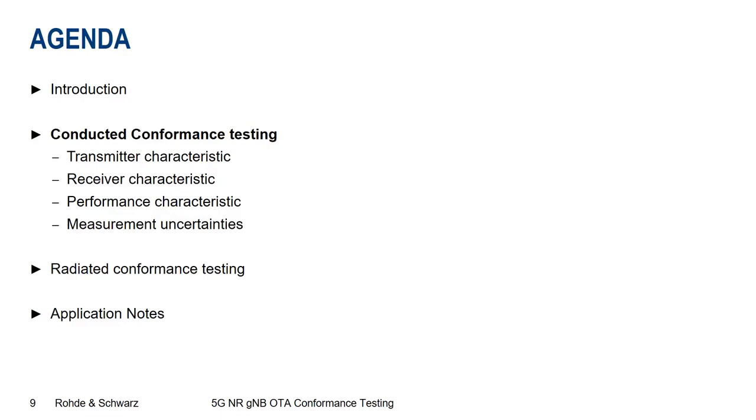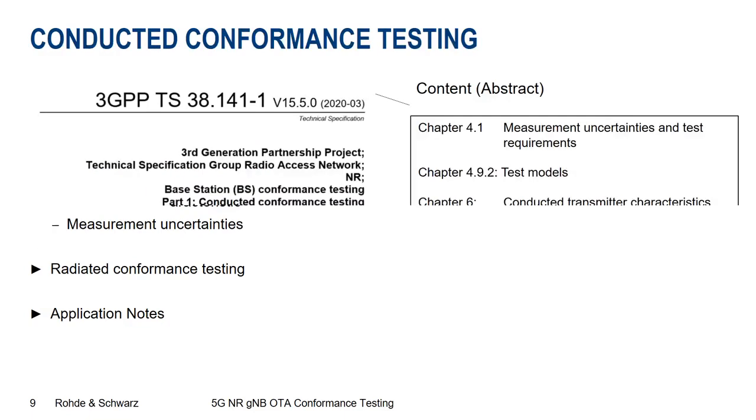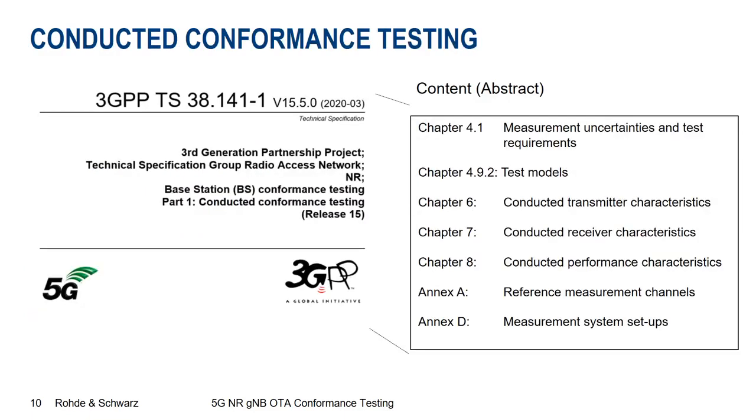Okay, now let's come to the main part, which is the conducted conformance testing. For conducted conformance testing, the latest released version of the spec is version 15.5 from March this year. And here I show a short abstract on important chapters.